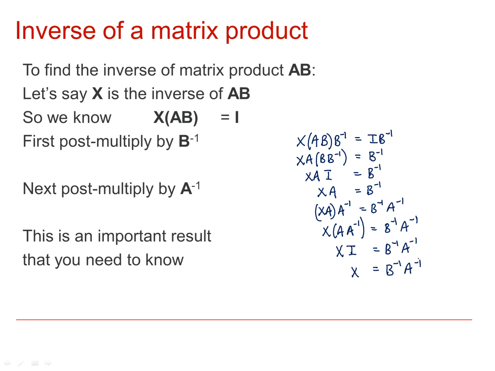So now we have this useful and important result, that the inverse of AB is equal to B inverse A inverse. You can check this by multiplying AB by B inverse A inverse and checking that you do get the identity matrix.